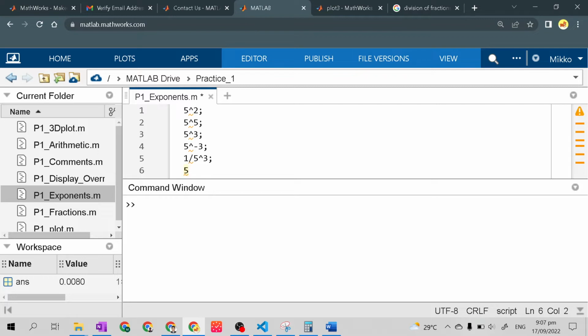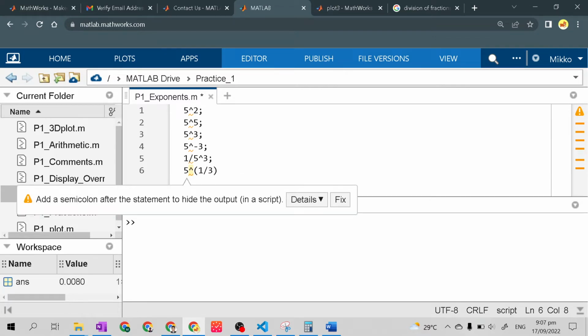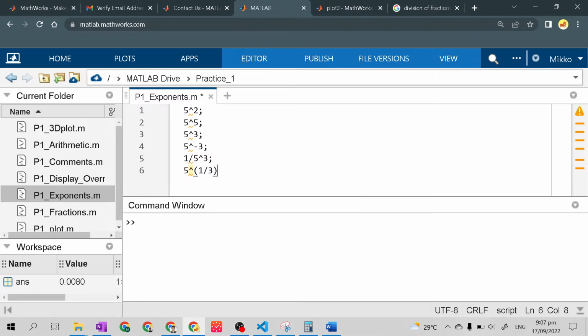What does 5 raised to 1 over 3 mean? Okay, so 5 raised to 1 over 3 means 5 will be inside a radical symbol, and 5 will be cube rooted, inside the radical symbol.